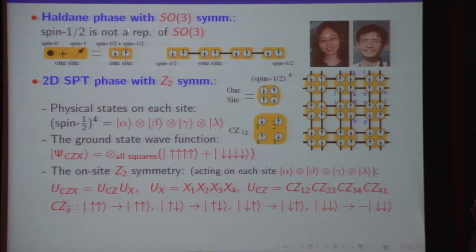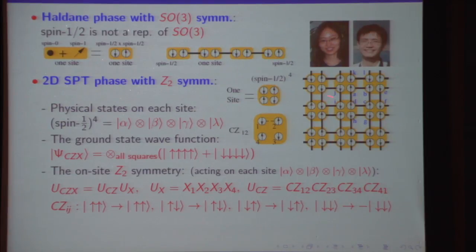Then when you construct a wave function, you just follow the Haldane phase, the AKLT idea, in which we pair up the neighboring spins. Here, this yellow box is a site. Now we put 4 spins together like this box.